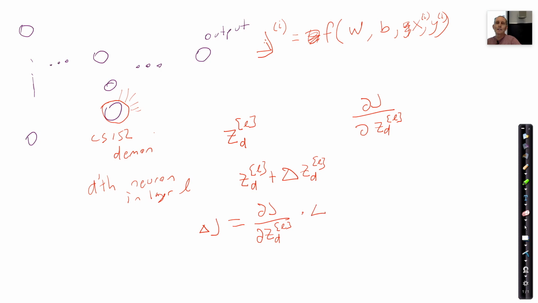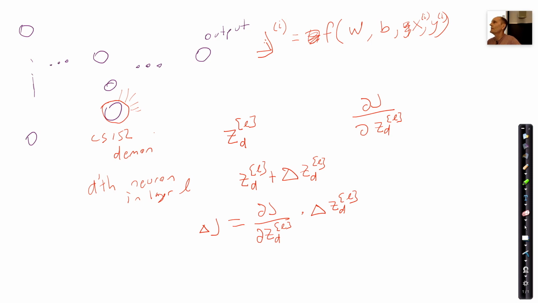Which we already defined as delta Z D at L. So that's how much Z changes. The daemon is just, everything else stays constant. Only thing we're looking at is the one daemon assigned to that one particular weight. Okay? Does that make sense?